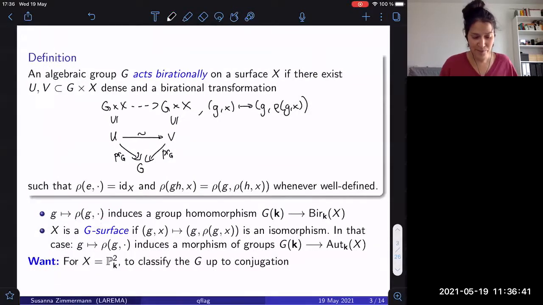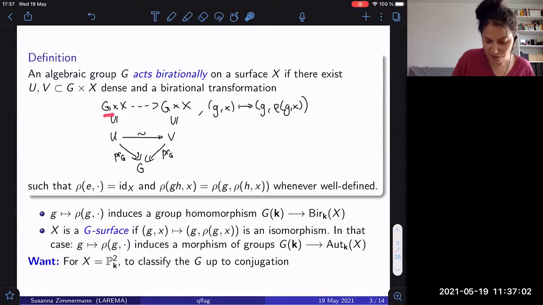Now, in the same way, I look at an algebraic group over a field as an algebraic group over the algebraic closure of the field together with a Galois action. And I say it acts birationally on a surface if there is a birational transformation from G times X to G times X of the form (g, x) goes to (g, something that depends on g on x).